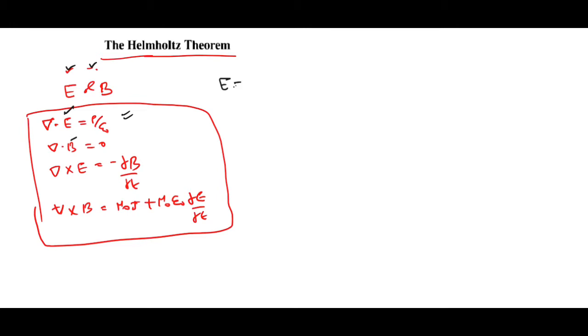The expression for the electric field you might have learned in the plus 2 class. That is 1 by 4 pi epsilon 0 q by r square. This is the electric field of a point charge. As we move away from the charge, at a particular point P, the electric field is given by this expression.